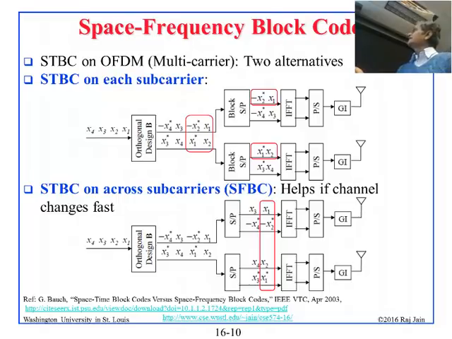So what we are saying here is that we are going to do X1 in the first time slot, X2 star in the second time slot, and we are not going to do the other one, which was X1 star and X2 star, on the same antenna and in the same subcarrier. So this is basically mixing frequency as well as the time and the antenna, actually, in some sense. So we have 2 antennas, 2 time slots, 4 subcarriers, everything is mixed in.